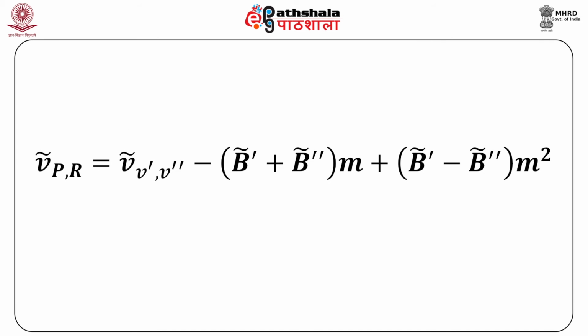These two equations can be combined into another equation which gives, for both the branches, the wave number for the P and R branches as the wave number for the v prime v double prime vibronic transition plus (B prime plus B double prime) into m plus (B prime minus B double prime) into m square, where m can have values plus minus 1, plus minus 2, with positive m values for the R branch, for which delta J is equal to plus 1, and negative values for the P branch, for which delta J is equal to minus 1.